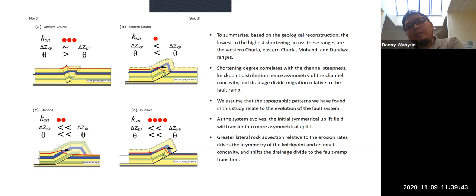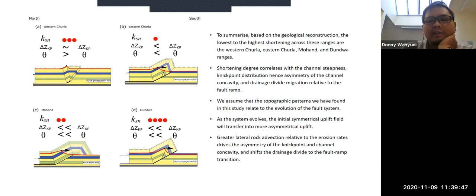We assume that the topographic patterns we have found in this study relate to the evolution of the fault system, from the initiation of the fault-propagation fold to the later development of the fault-propagation fold, as demonstrated in the Dunwa range.